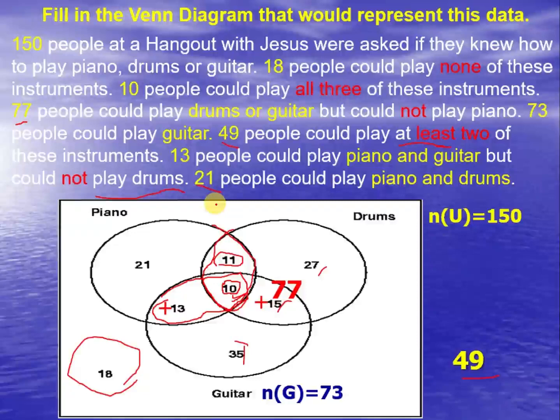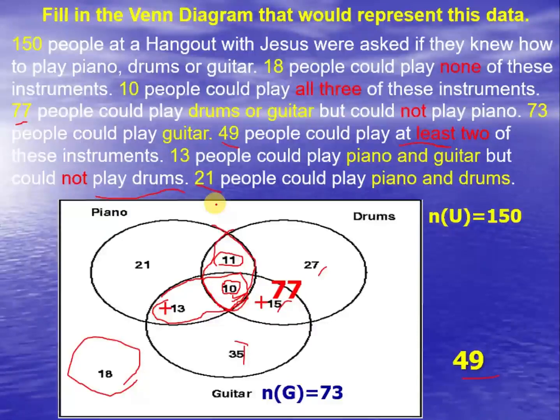Okay? And the next one is people who could play none of these instruments. Let 18 people be the number of students who could not play any of these instruments. That is, let P intersection D intersection G, all complement, be 18. It means they don't play any of them.